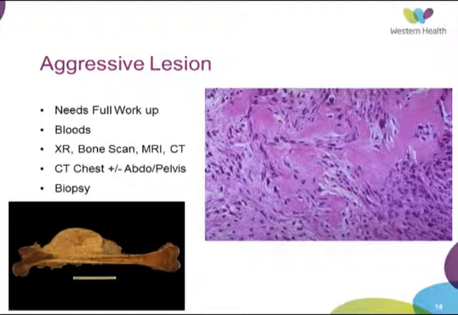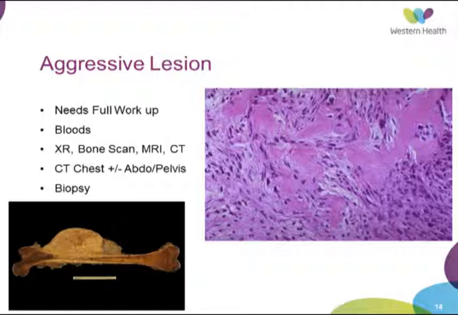If it's an aggressive lesion, all of these patients need X-rays, including chest X-ray, bone scan, and we should CT that specific lesion. We should also start thinking about CTing the chest on an aggressive lesion, looking for pulmonary metastases.